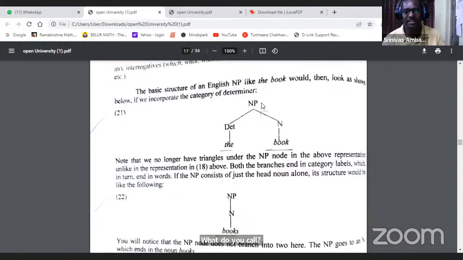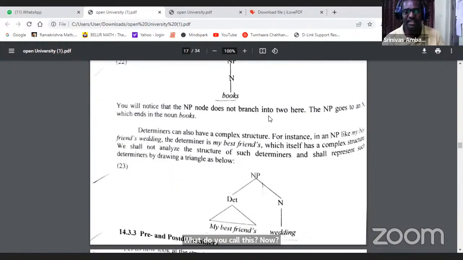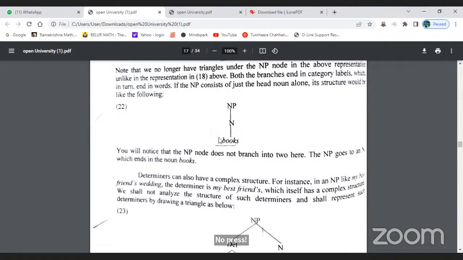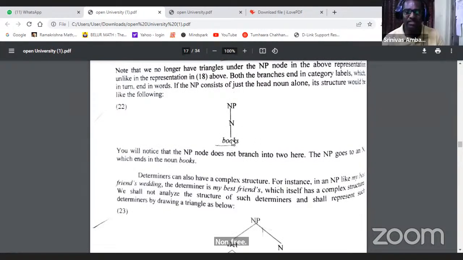Noun phrase. Next, books are nouns. So only one word is there. Even if there is only one word, I call it a noun phrase. Noun phrase doesn't mean that I should have more words. Okay?